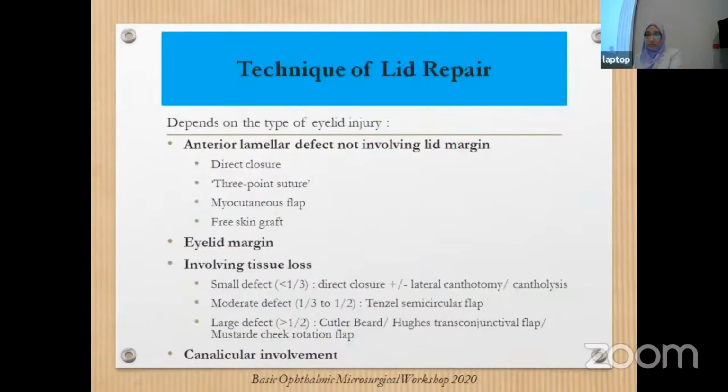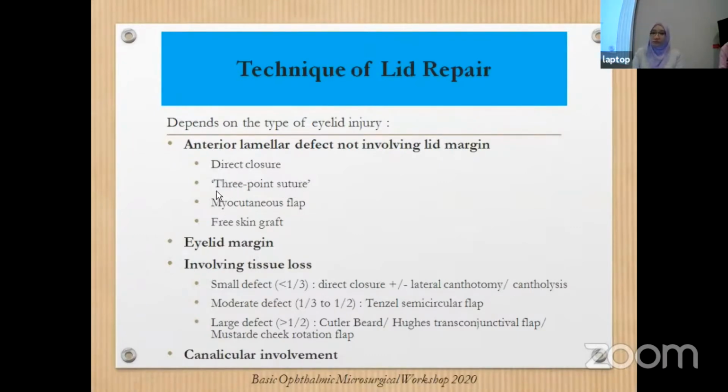Okay, so the technique of lid repair depends on the type of eyelid injury. We know that the anterior lamellar and posterior lamellar are actually divided by the orbital septum, right? So if it's anterior to the orbital septum, this is an anterior lamellar defect. For an anterior lamellar defect not involving the lid margin, we can do direct closure, 3-point suture, myocutaneous flap and also free skin graft.